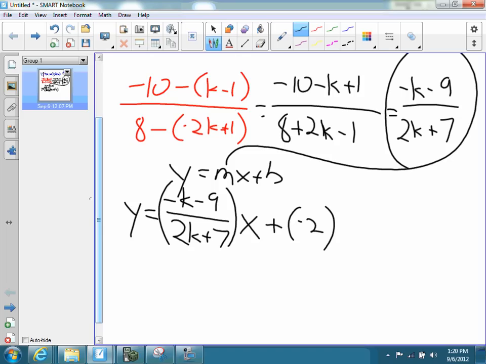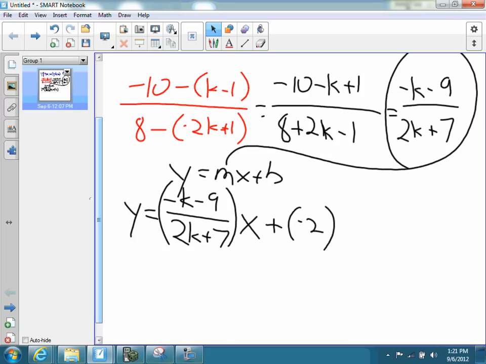Write the y-intercept as (0, -2), and then you find the slope using that point and (8, -10). This is an interesting approach. It's not the one I'm going to follow, but I like it.